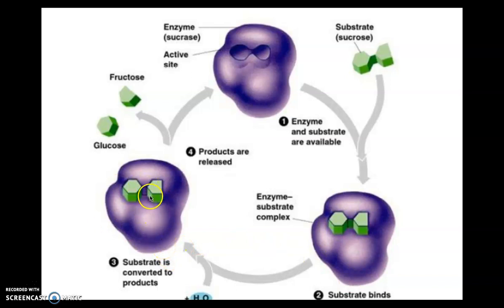This is the product-enzyme complex, and then it produces the product that consists of glucose and fructose, and the enzyme goes back to its initial condition. So it is like the concept of a catalyst, where it does not change throughout the reaction, ideally.